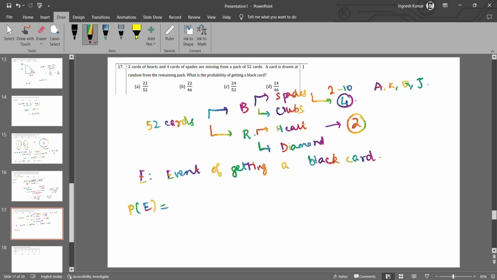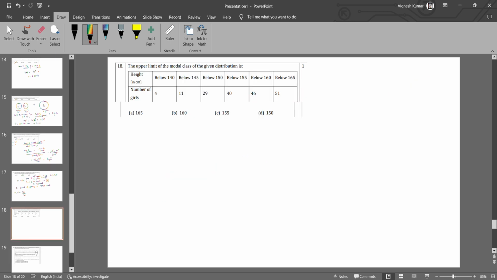Already four cards are missing from this, right? So totally how many black cards are there in the pack now? 26 minus 4, which is 22, divided by totally how many cards are left after these four cards of spades and two cards of heart are lost. Totally six cards are lost. So from the pack of 52 cards, six are missing. So the total number of cards now is 46. And so the required answer is 22 by 46.